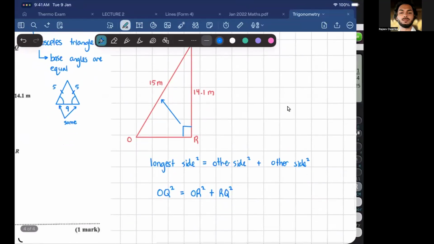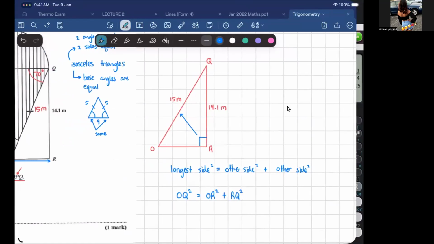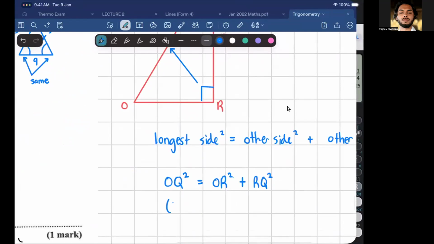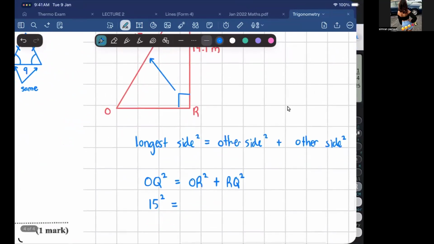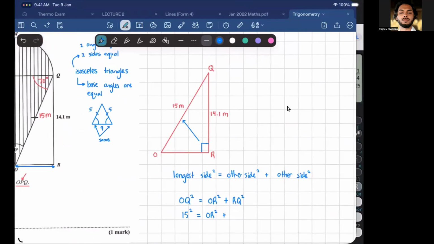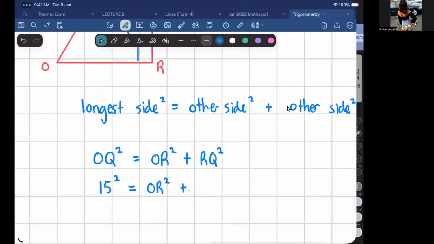Do we know what OQ is? 15 meters. Right, so we're going to write 15 squared. Do we know what OR is? No. I'm going to leave that blank then, OR squared. What about RQ? Do I know what that is? 14.1 meters.